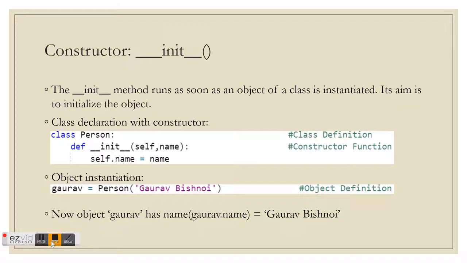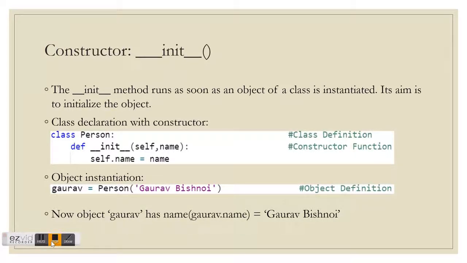Now I define a constructor function. The format is __init__, and in the brackets I define the parameters that will be taken by the constructor function and will be assigned to that class.